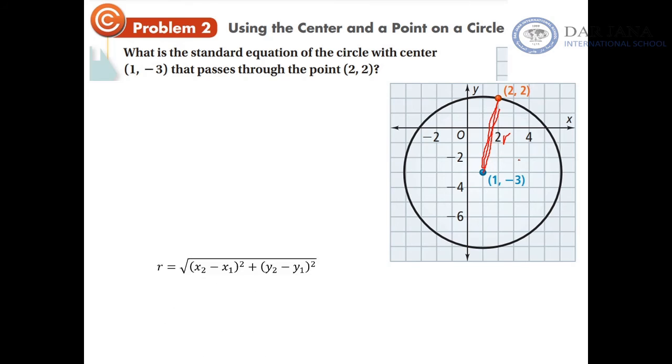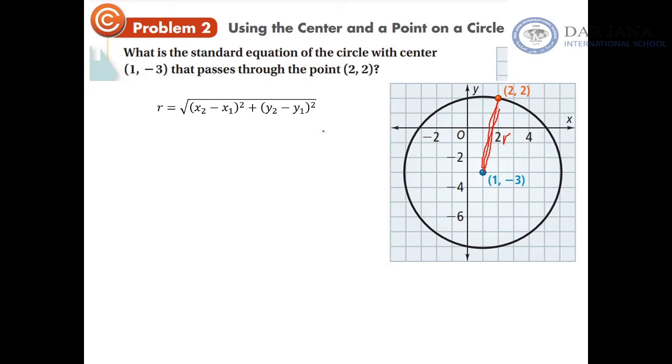I will use the distance formula. The radius, which is the distance between these two points, is equal to the square root of (x2 minus x1) squared plus (y2 minus y1) squared. Now, you could ask me which point is x2, which point is x1, and the answer is whatever makes you happy.